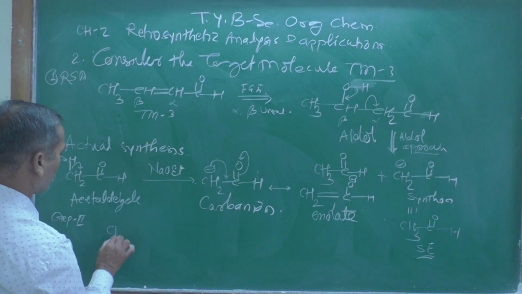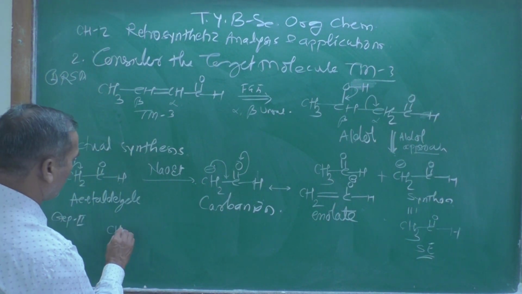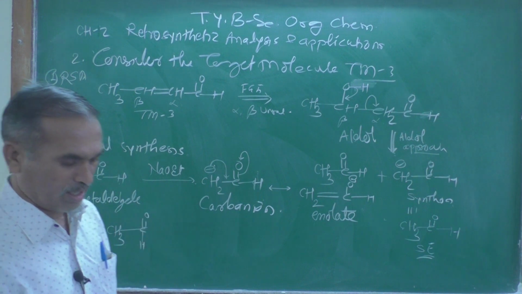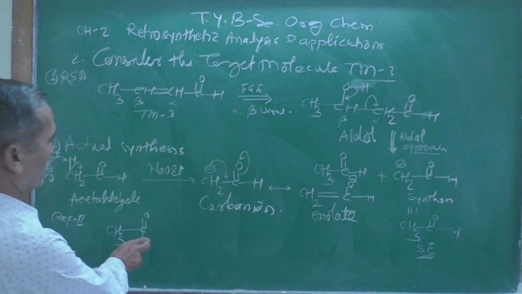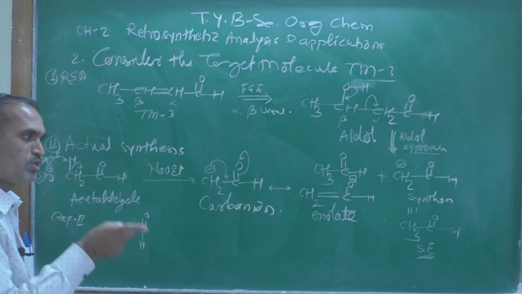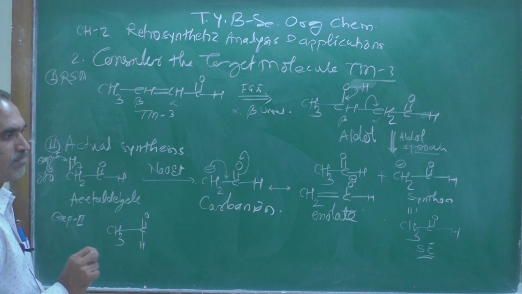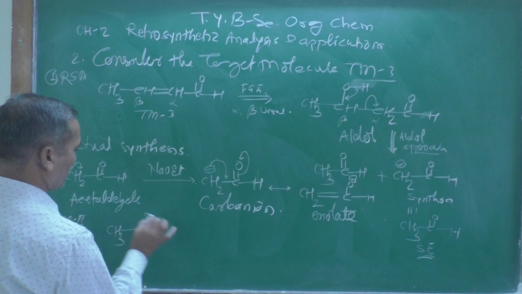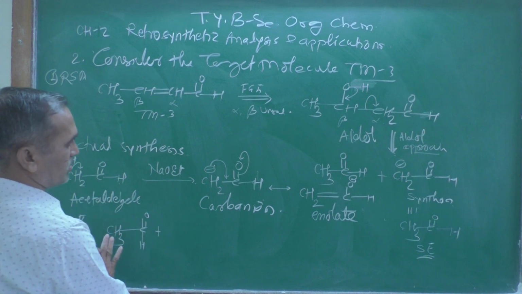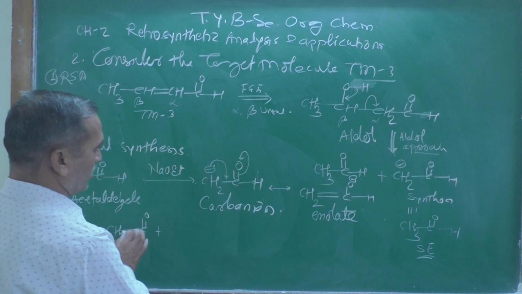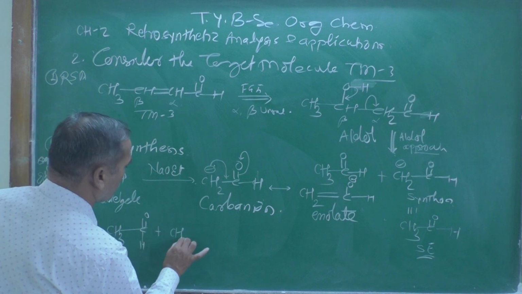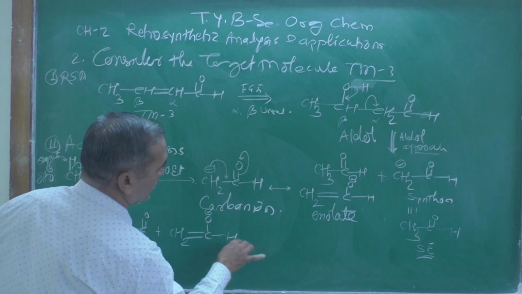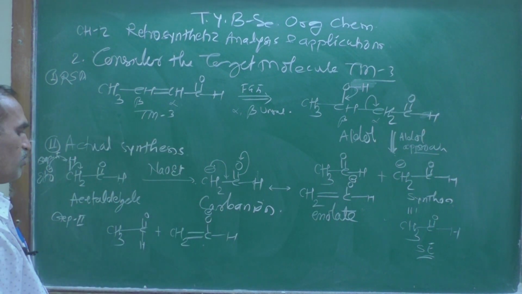Now the second acetaldehyde I am representing like this, C double bond O, and one hydrogen atom I am placing like this, so that I can show you the clarity of the mechanism. And now this CH2 double bond CO minus, that is the enolate species, I am writing over here.